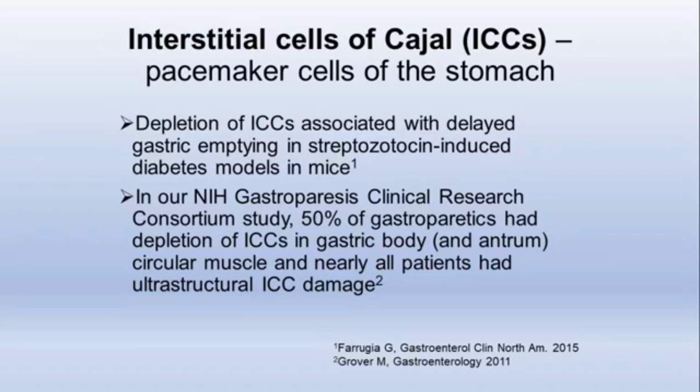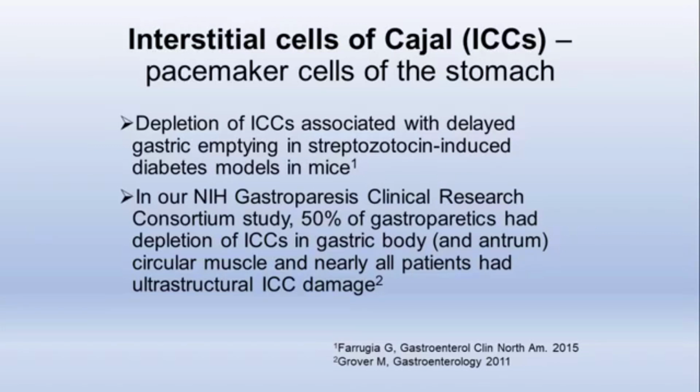They're called interstitial cells of Koch, and when they're depleted in humans, and this has been shown in a number of animal species, when those cells are depleted, we get delayed gastric emptying, we get gastroparesis, and many patients with gastroparesis have obvious depletion of those cells. And if you use very fancy microscopes, you can find some tiny damage in almost all patients who have gastroparesis.